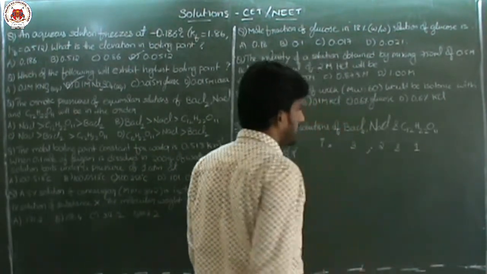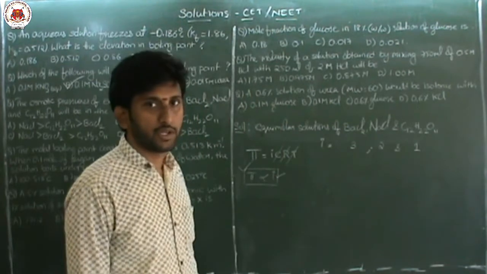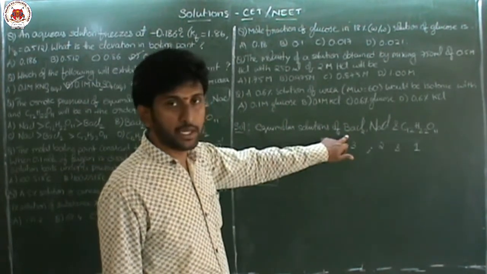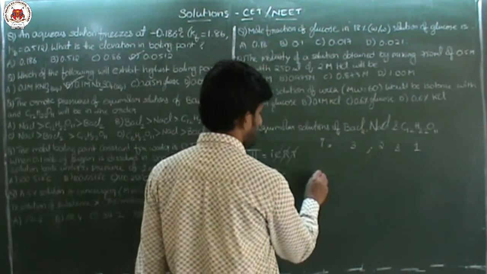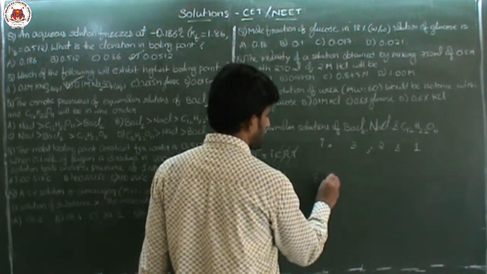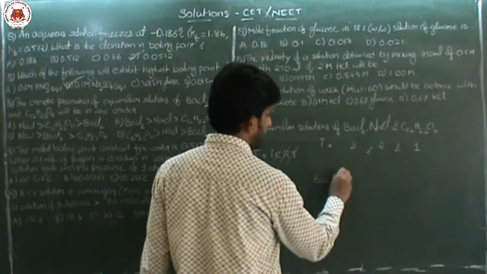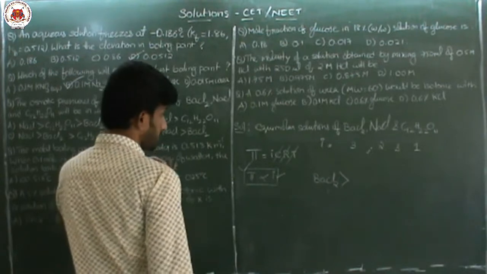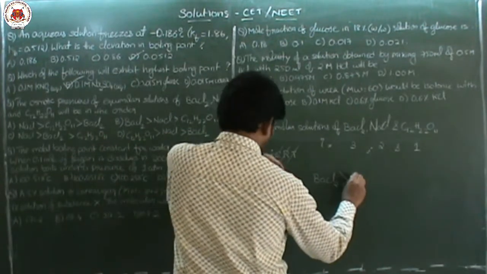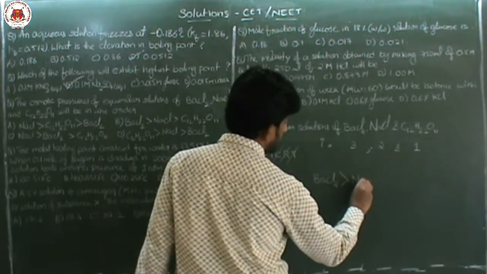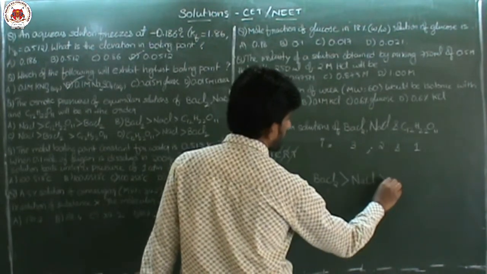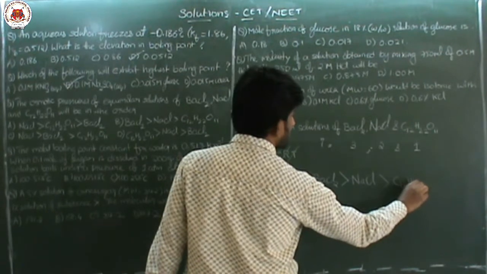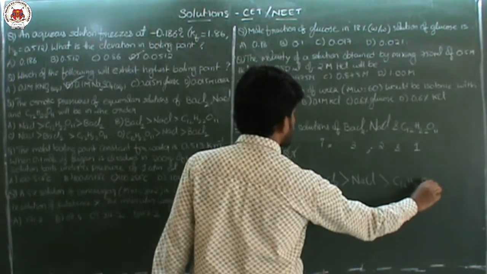i value is 1. Now according to the given i values, which will be highest osmotic pressure? Highest will be BaCl2. So the option must be BaCl2 osmotic pressure greater than osmotic pressure of NaCl, greater than sucrose molecule or this sugar molecule.